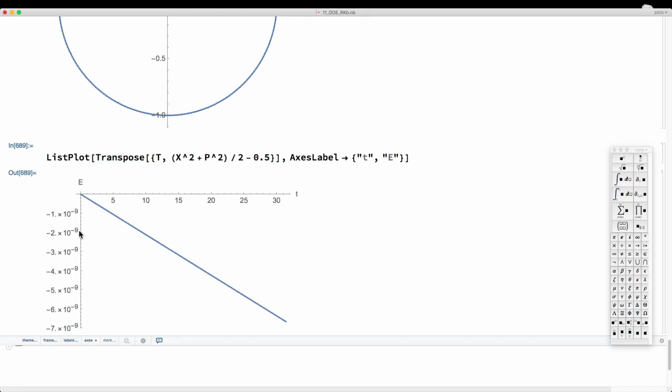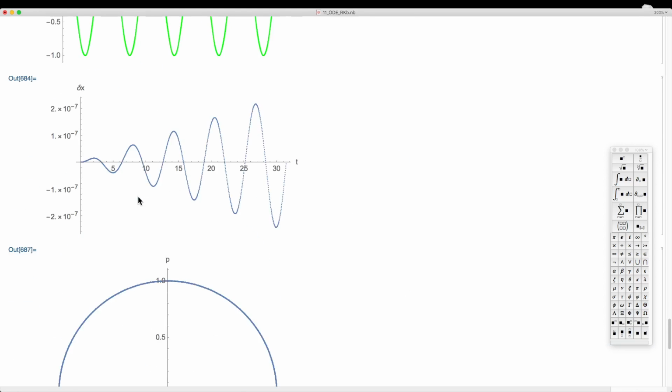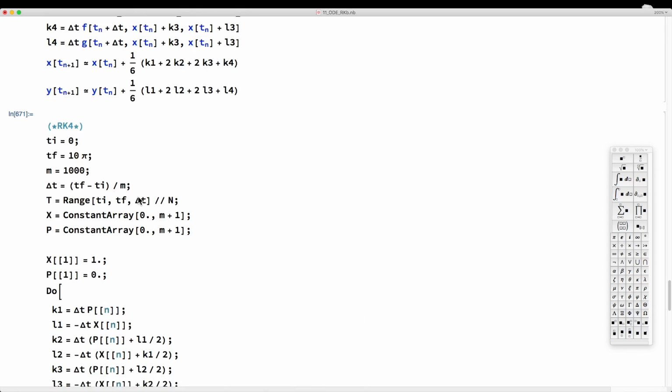So we see that the energy violation is around 10 to the minus 9. But what's worrisome is that it increases linearly with time. Although this is a fourth order method, the energy violation is not fourth order, it's actually first order, so it's linear in time. So that's very worrisome.